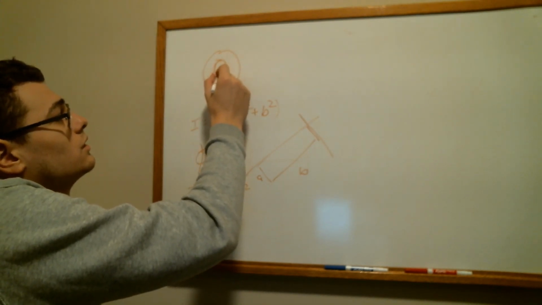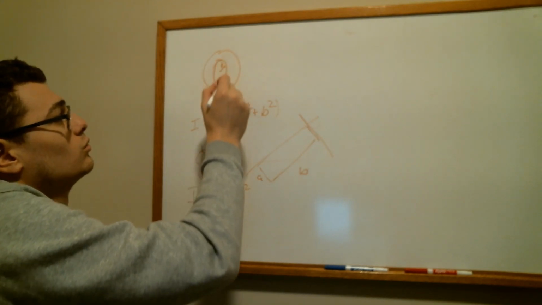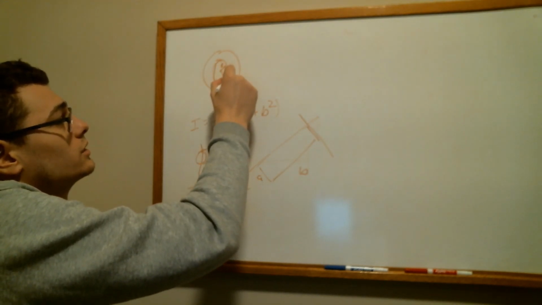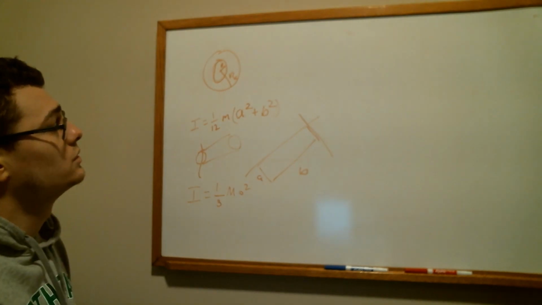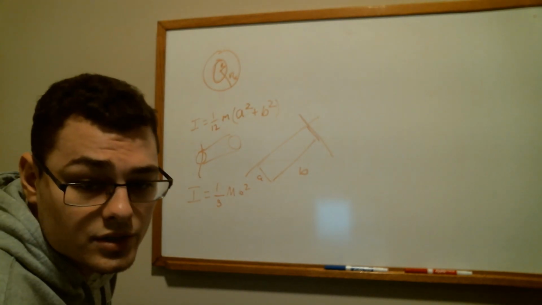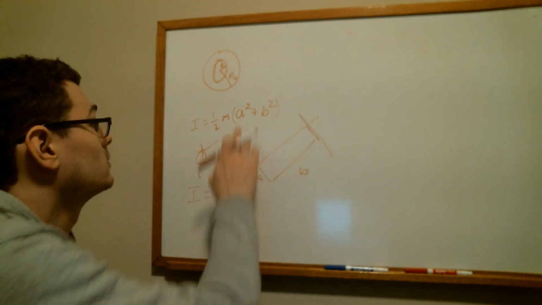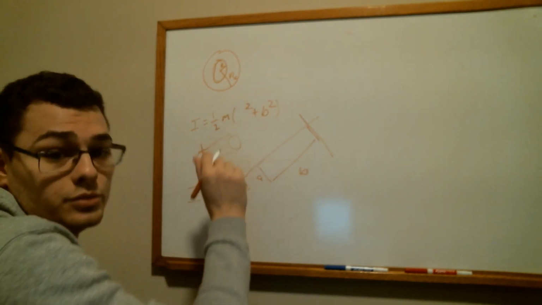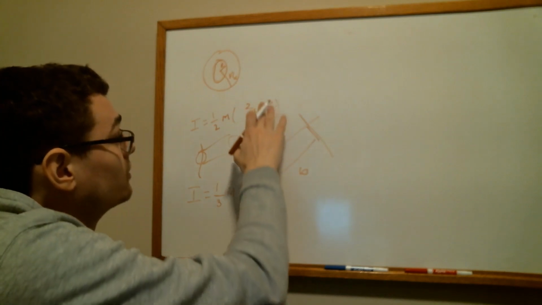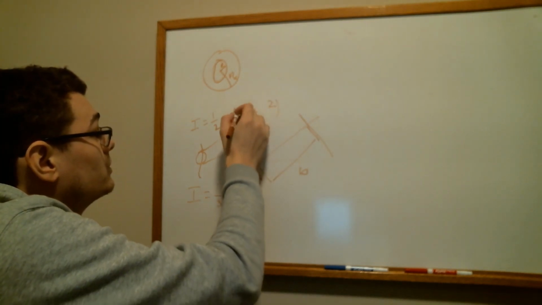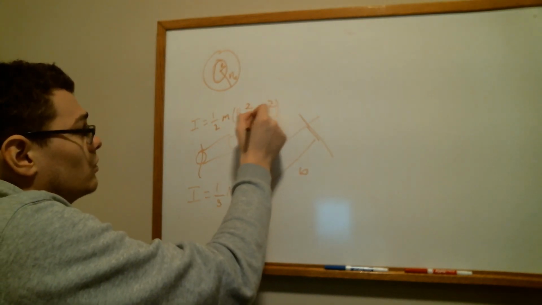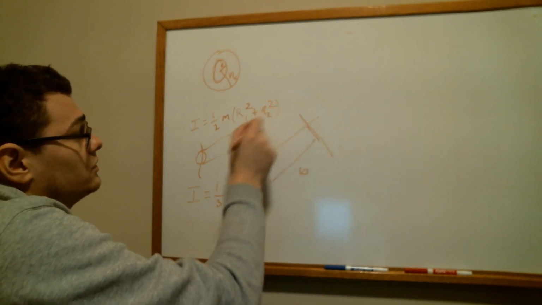This will be R1 and this will be R2. And so in this case, your hollow cylinder's moment of inertia is going to be the addition of these two, R1 and R2.